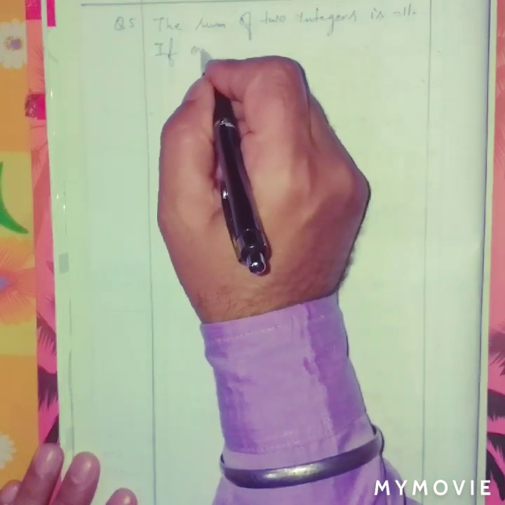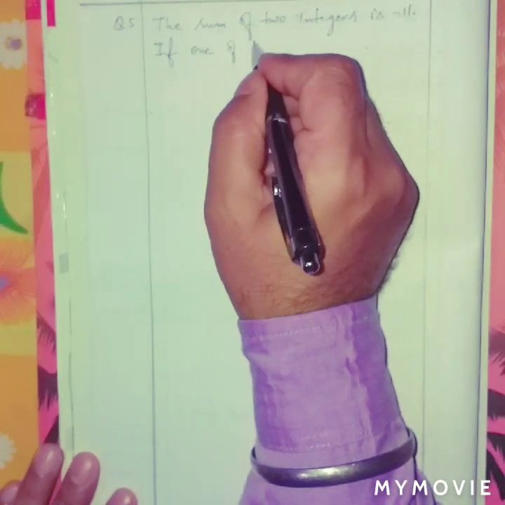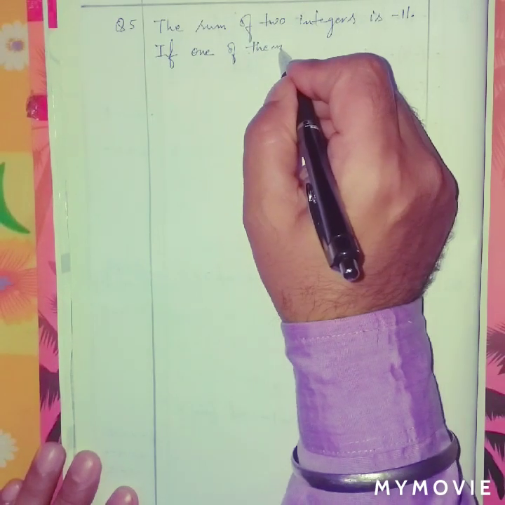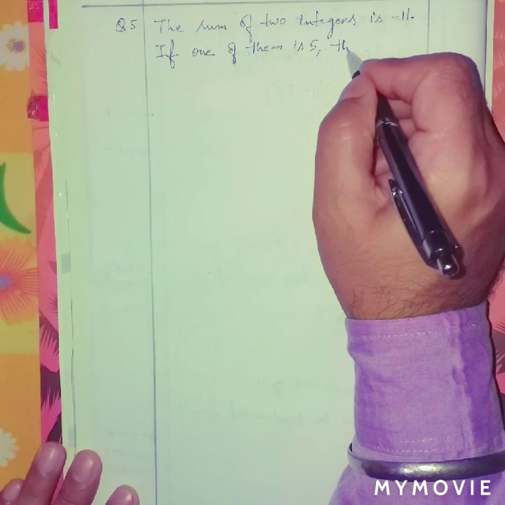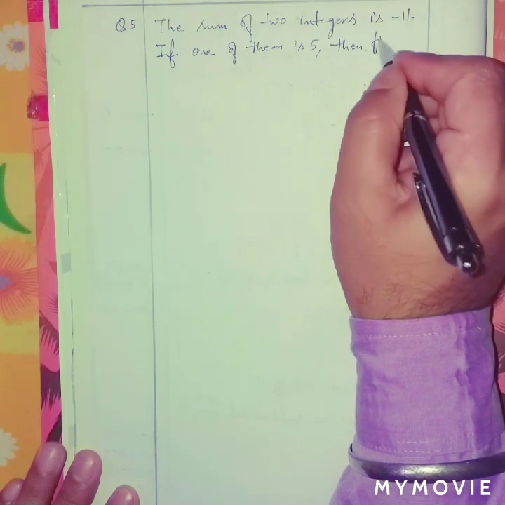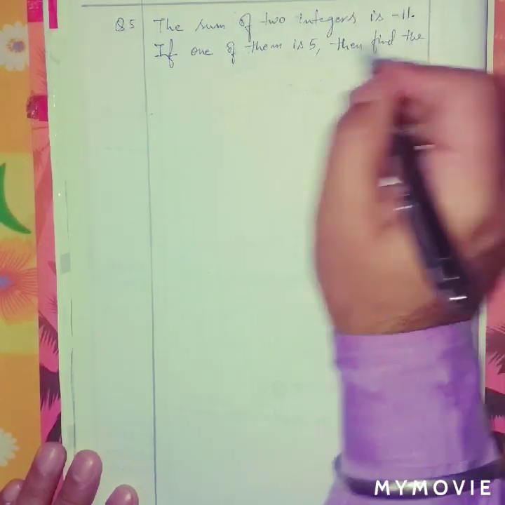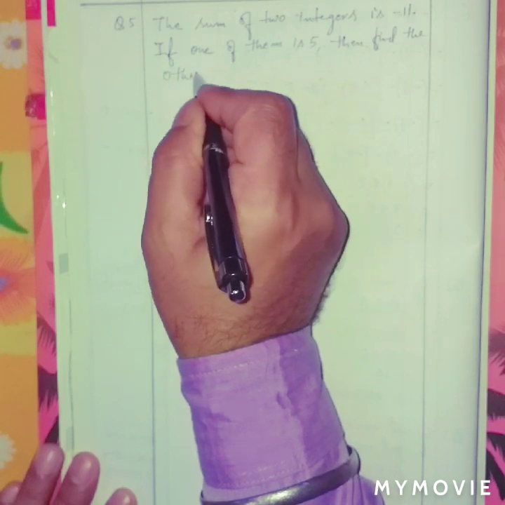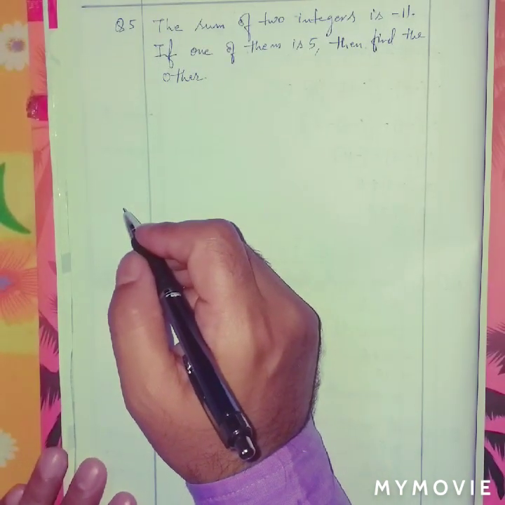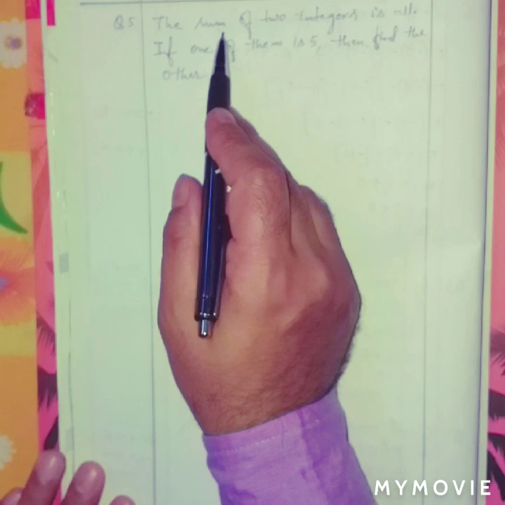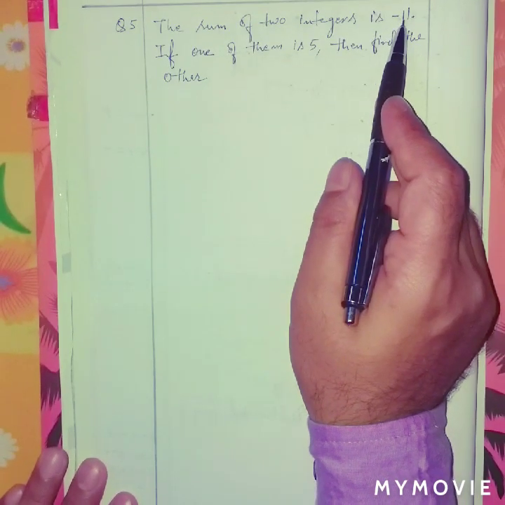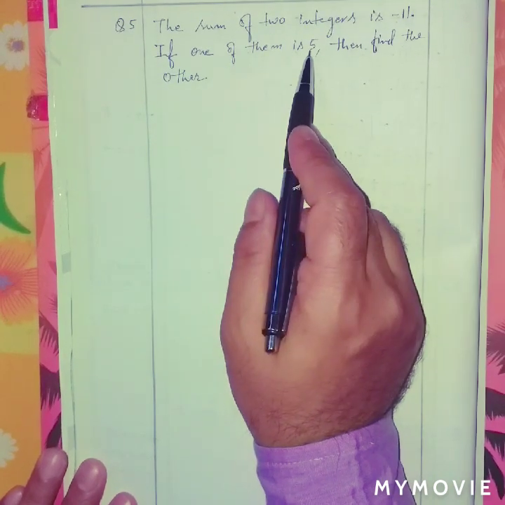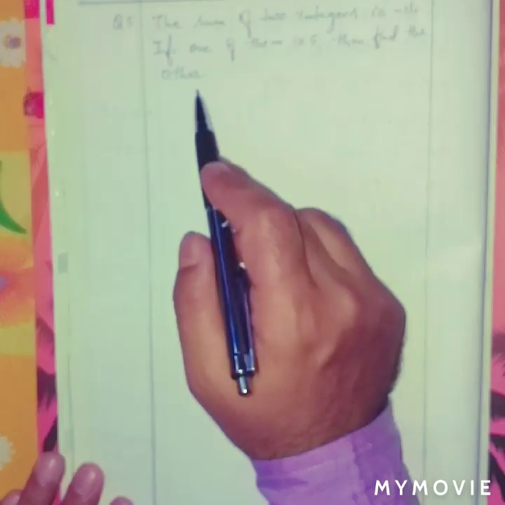If one of them is 5, then find the other. Very easy question, isn't it? The sum, meaning the addition of two integers, is minus 11 and one of them is 5, and we have to find the other, isn't it?